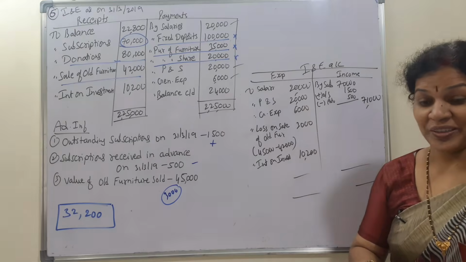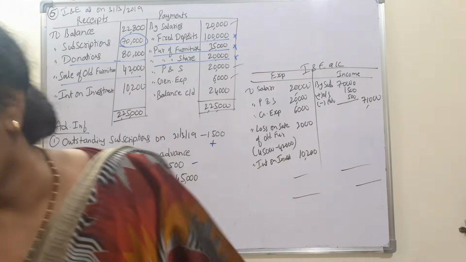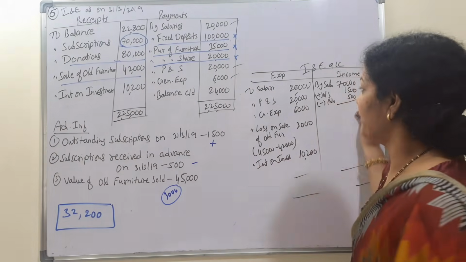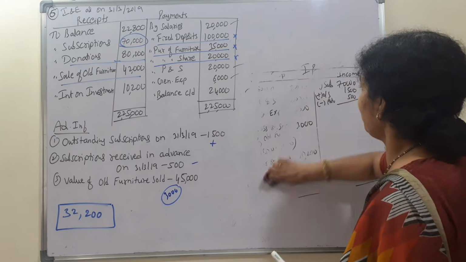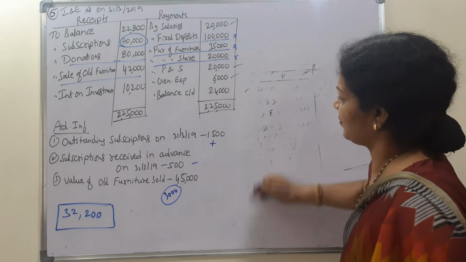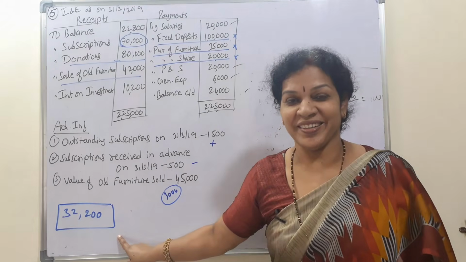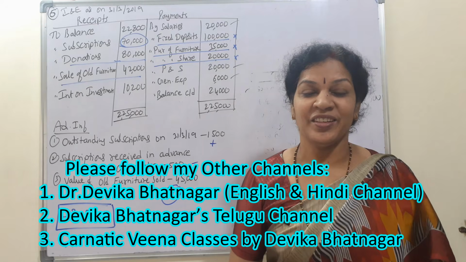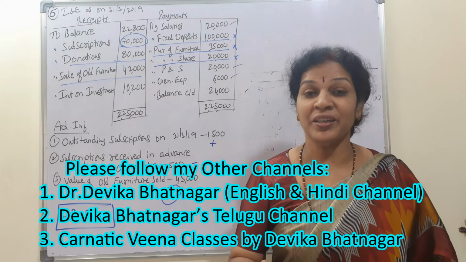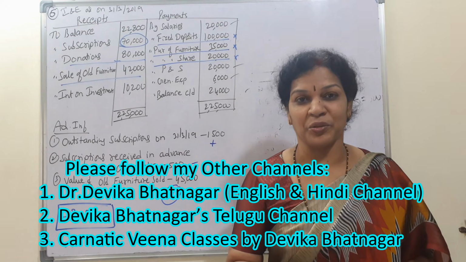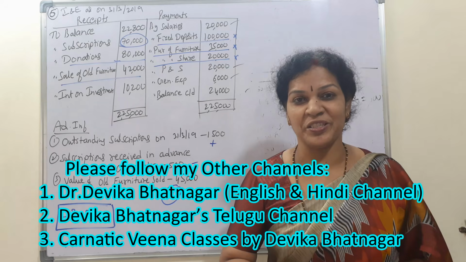I don't want to work it out, I will just rub this out. I gave it just for an idea. The answer must be 32,200. You work it out and see, so that you will have clarity. The more you work out, the more clarity and practice you will get. Please trust this principle.